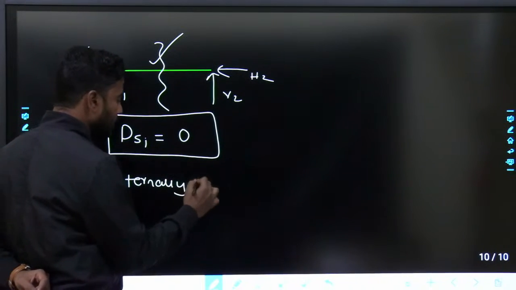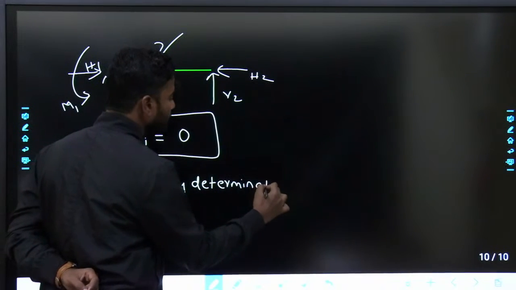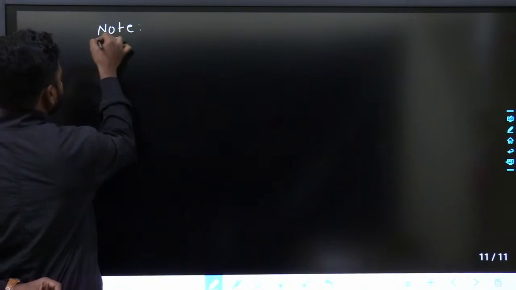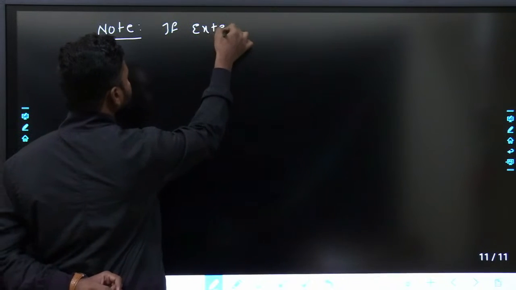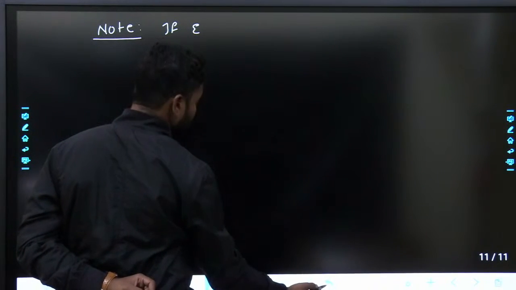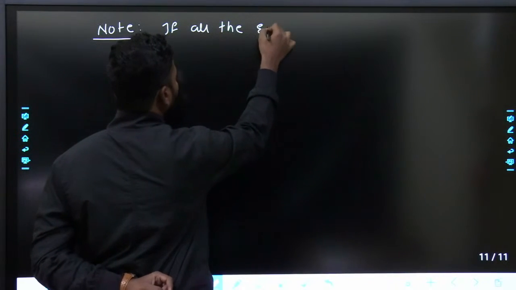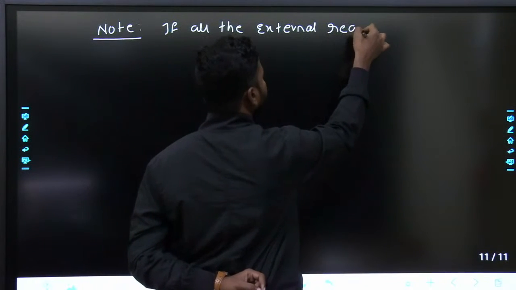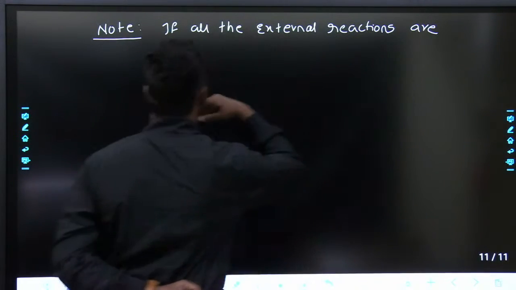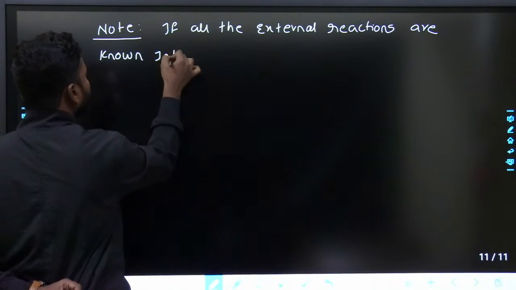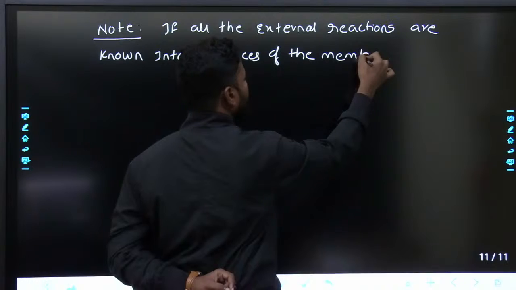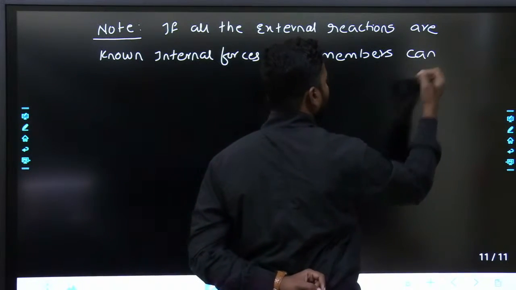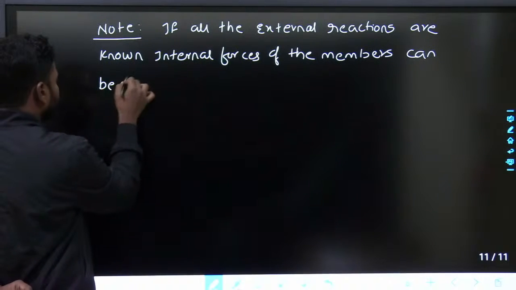Internally determinate. So if you want to take a note, you can take the note as: if all the external reactions are known, internal forces of the members can be found out.